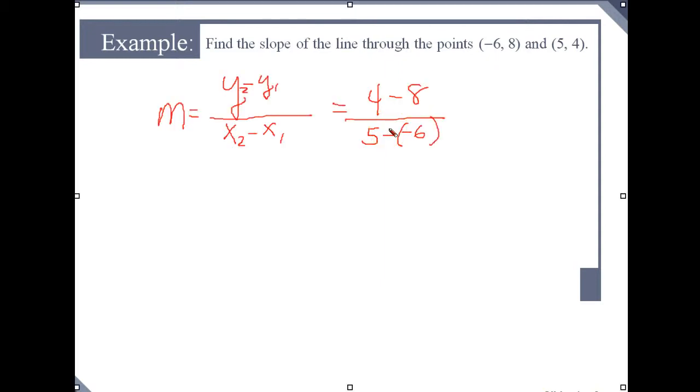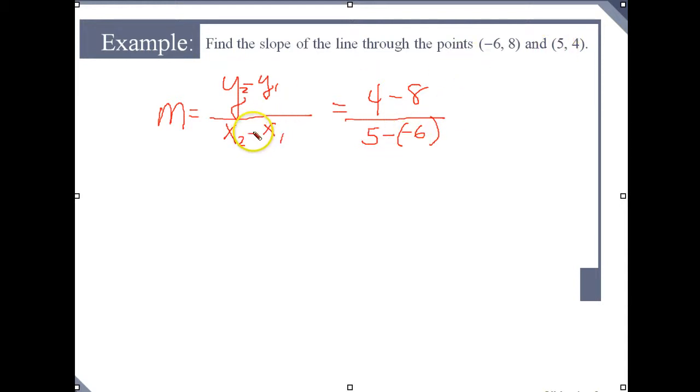So as we do this, there's our little formula. Our y sub 2 is 4. Our y sub 1 is 8, so 4 minus 8. Our x sub 2 is 5.